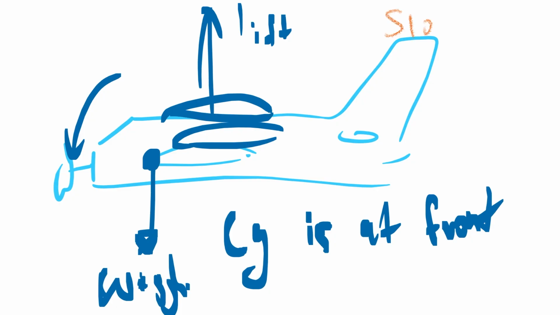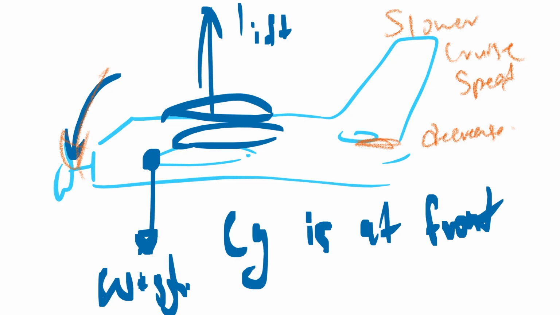It will have a slower cruise speed and decreased range, because we are always trying to climb by changing the angle, trying to compensate for this, since it is naturally trying to rotate this way, but we are adding elevator and trying to climb all the time.